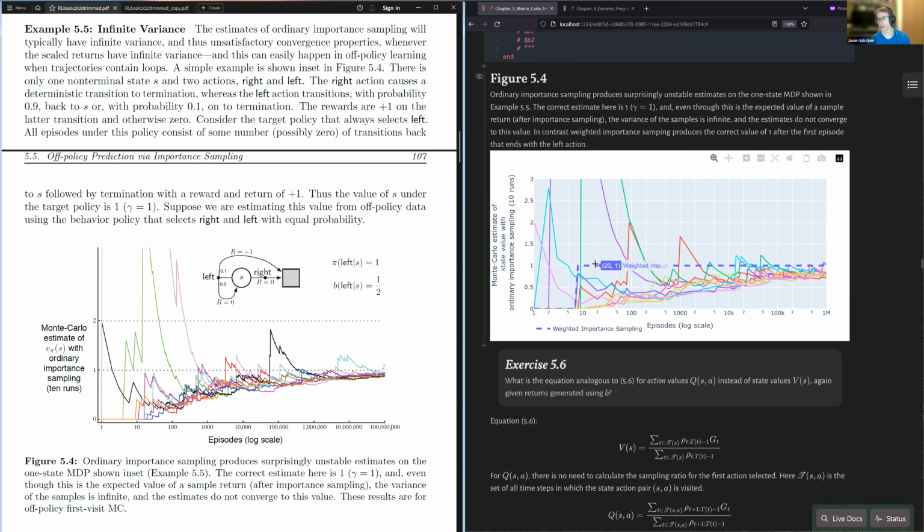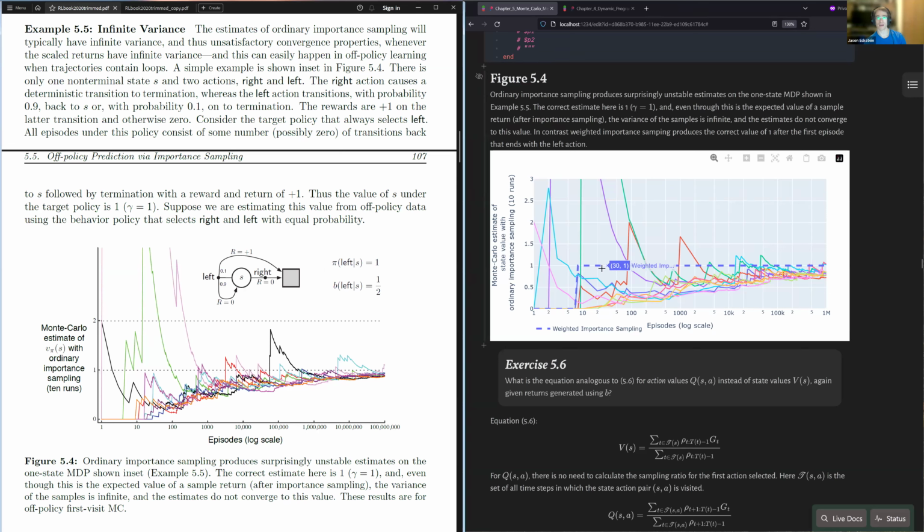Actually, this dotted line is calculating the same thing with weighted importance sampling. And the nice thing about weighted importance sampling is that as soon as we observe an episode that terminates by going left instead of going right, then the value of that estimate will just be 1.